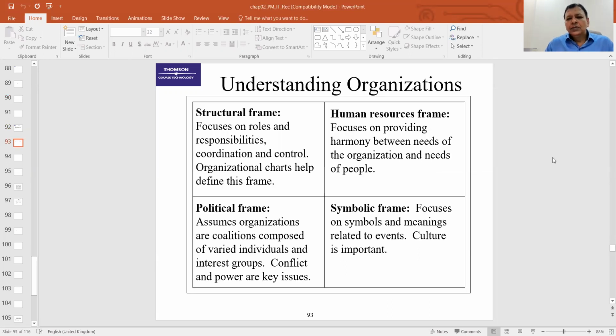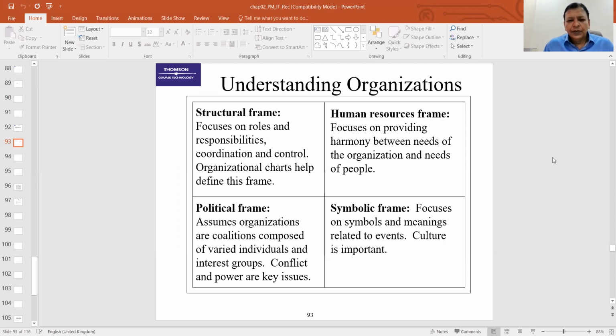The next topic is to understand organizations. Currently, there are 4 frames. We have the structural frame, which focuses on roles and responsibilities, coordination, and control. Organizational charts help to define such frames. Then you have the human resource frame, which focuses on providing a friendly relation between the needs of the company and the needs of people.